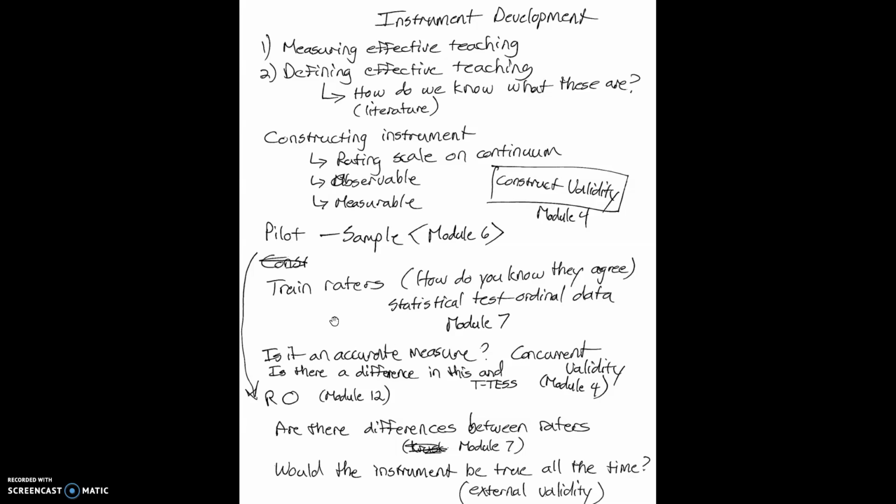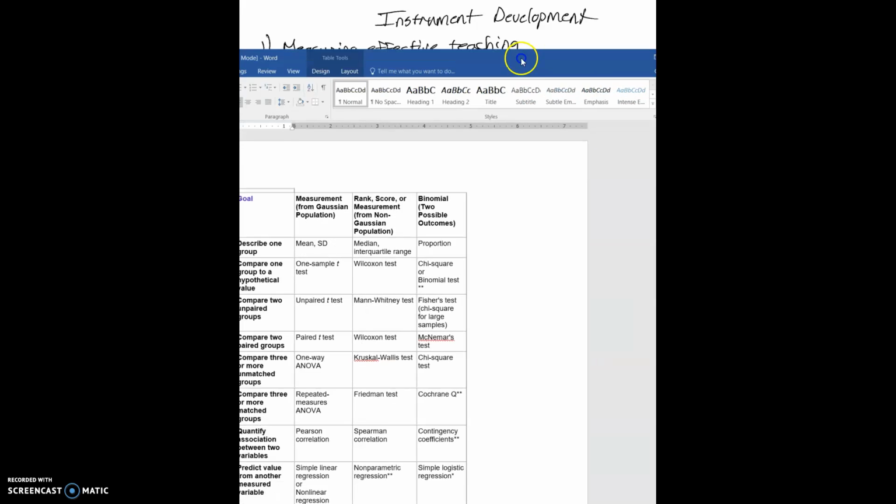Well, one of the things that we need to know is after they go through a pilot, do we have people who are scoring this thing differently than others, significantly different than others? Well, to find out if somebody's doing something significantly different, as we said at the beginning of the course, you've got to take a statistical test.